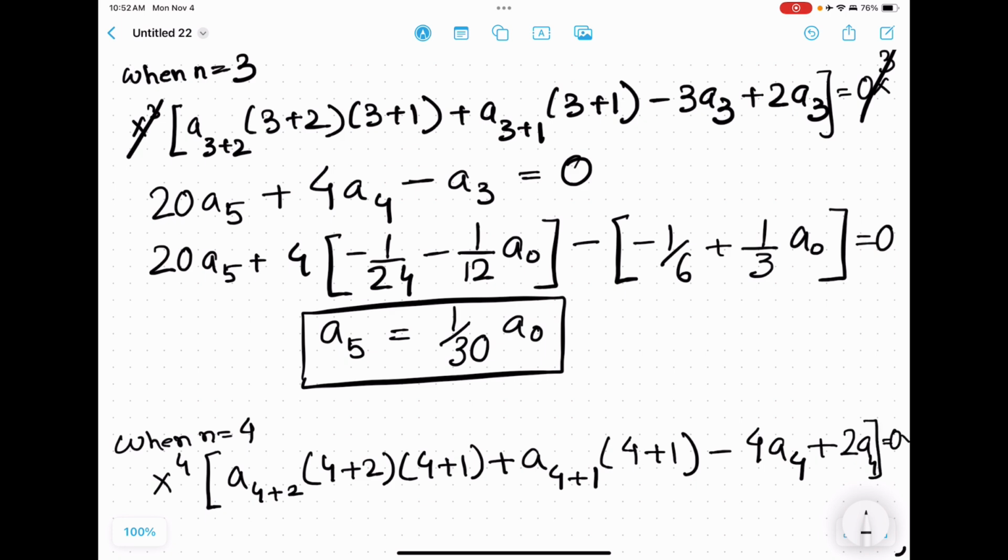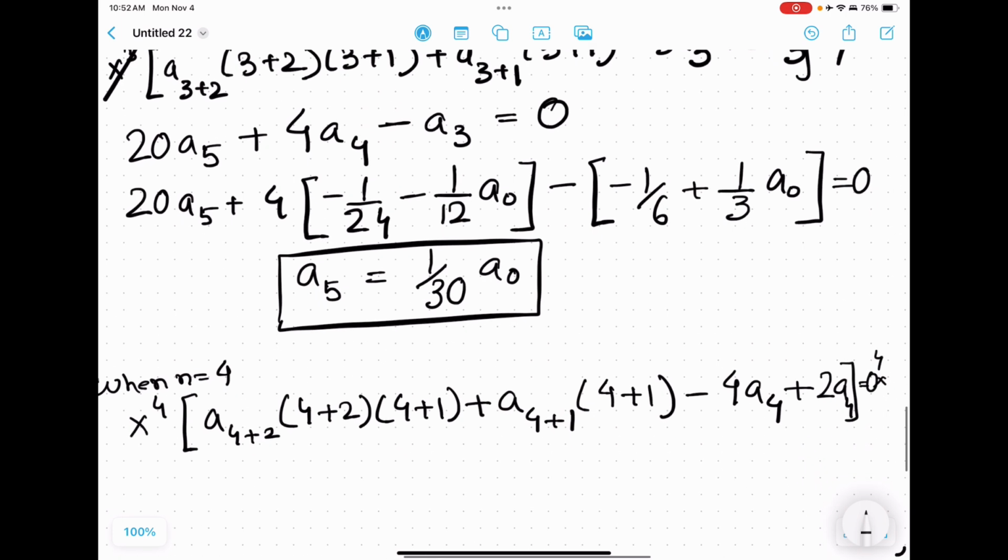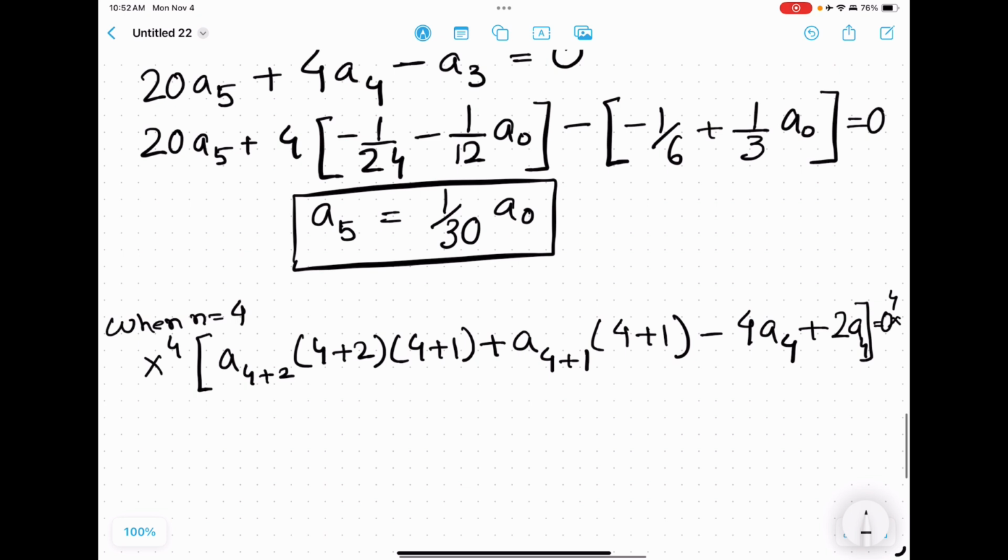Again this is 0 x to the 4, because I don't have any coefficients for x with a power greater than 2. So taking out my x powers, I have 4 plus 2, which is 6, and then I have 4 plus 1, which is 5.